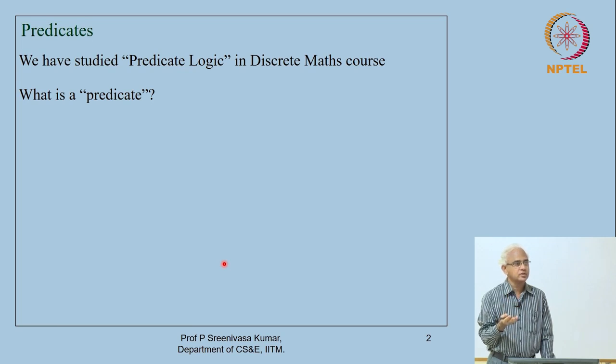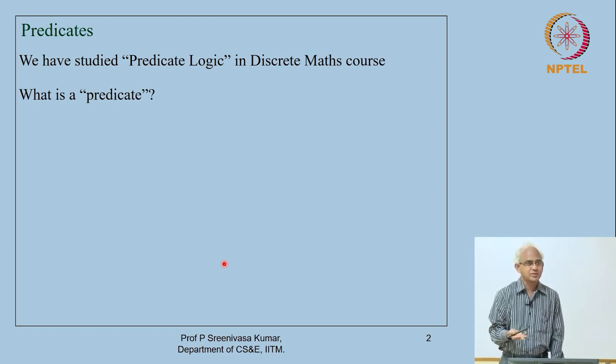Obviously, propositional logic doesn't have quantifiers and doesn't have variables, predicate logic has them. So the variables must be in the predicates, obviously, right? Predicates have variables basically.